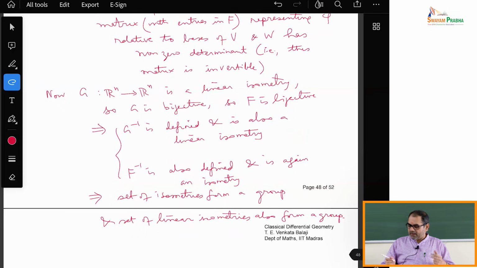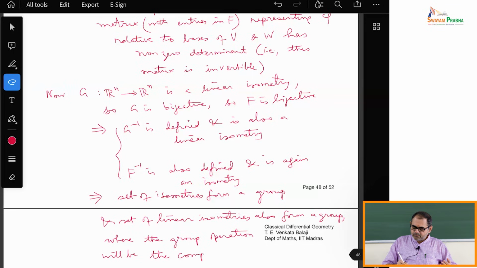So the set of isometries form a group and the set of linear isometries also form a group, where the group operation is going to be the composition of maps, because composition of maps is associative.